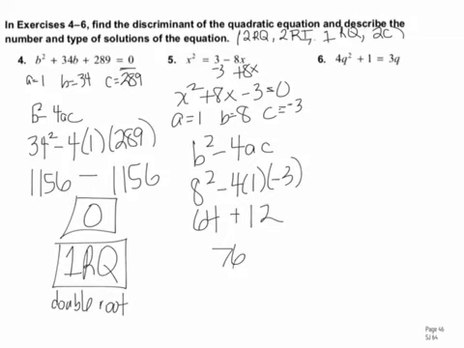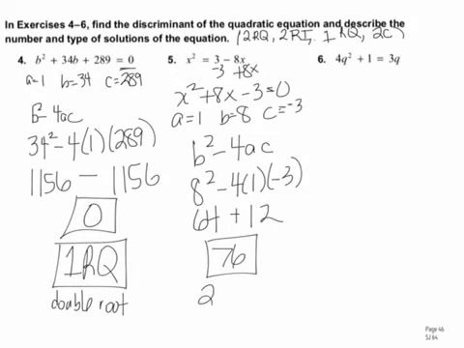Okay, so looking back at my chart, if you want to look back at yours while I talk through this, 76, is that greater than 0, equal to 0, or less than 0? Well, 76 is greater than 0. Then you ask yourself, is 76 a perfect square or not a perfect square? Hopefully you came to the conclusion that 76 is not a perfect square.